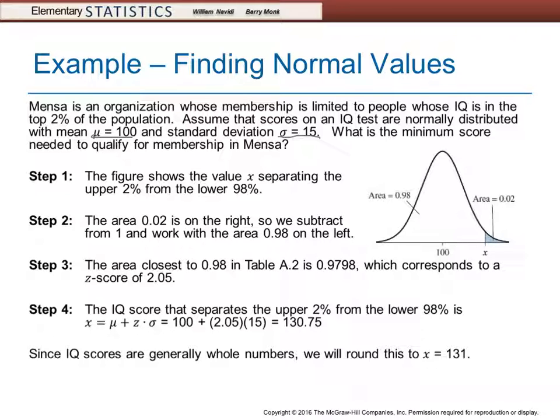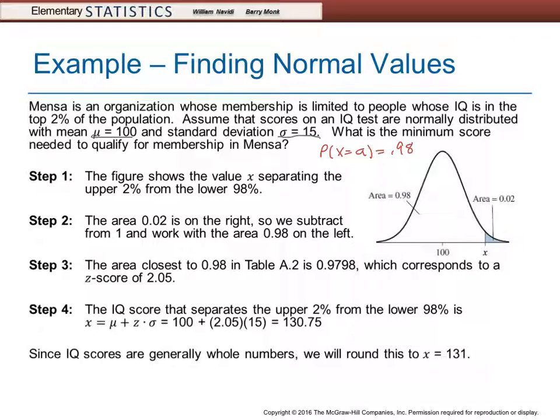So in this particular case, we're going to write the following statement. I want to know what x is, so I'm going to call it A, given that the area is 0.98. And why 0.98? Well, the figure shows the value of x separating the upper 2% from the lower 98%.